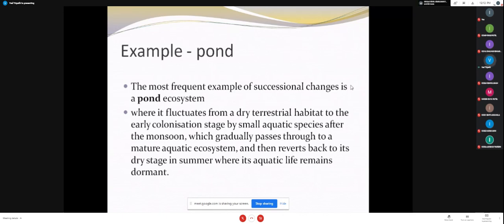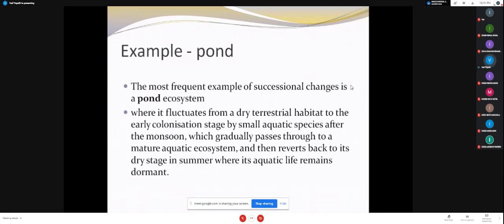That means just after the monsoon, ponds are created. Okay, and earlier they were dry terrestrial habitat. Before the monsoon, those areas were dry, but after the monsoon, some areas with some gradient form the pond where small aquatic species are found.